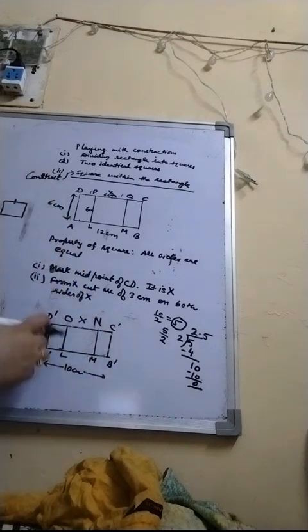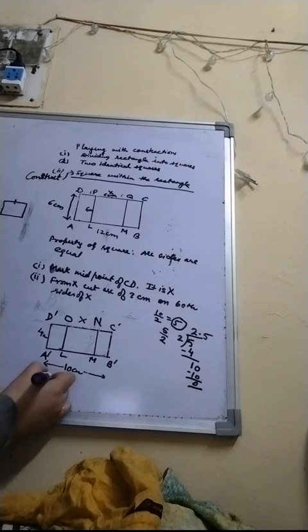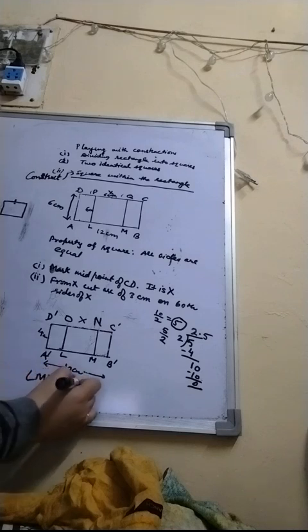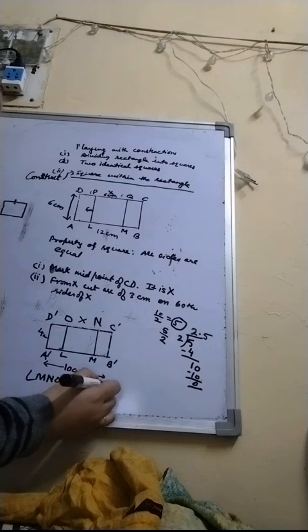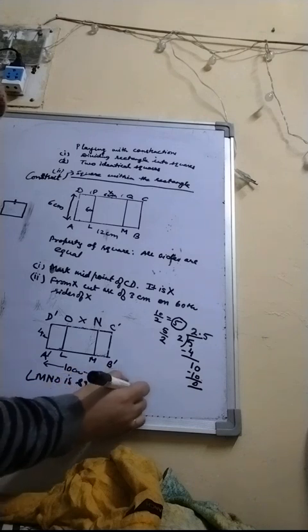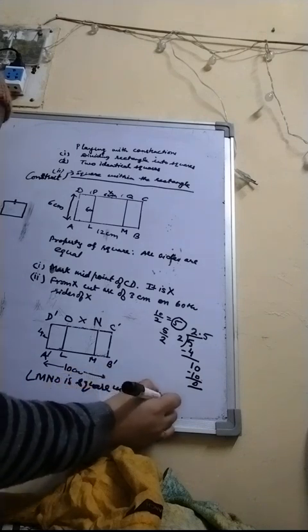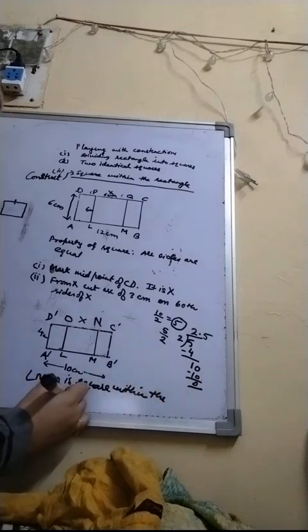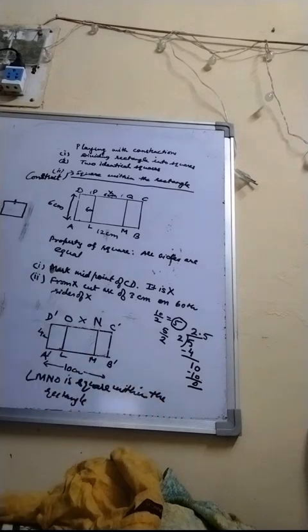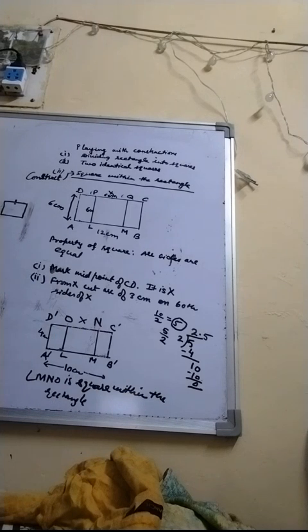So you get LMNO is a square within the rectangle. So I hope you have understood how to draw a square within the rectangle.